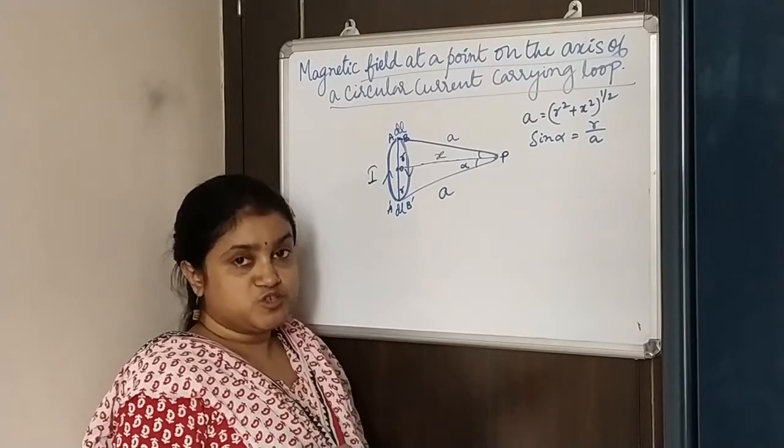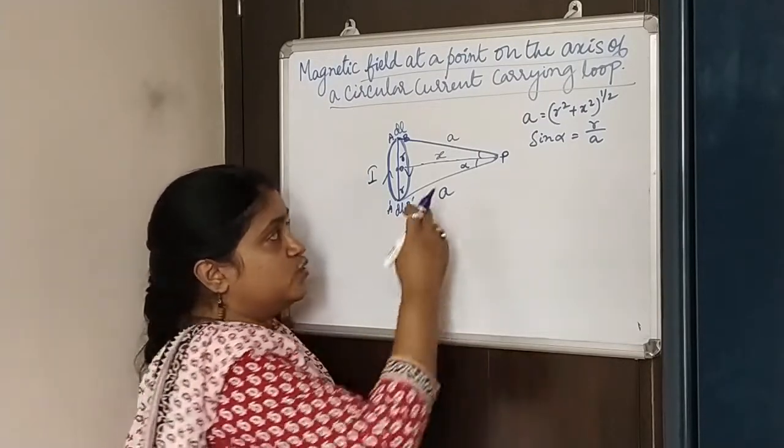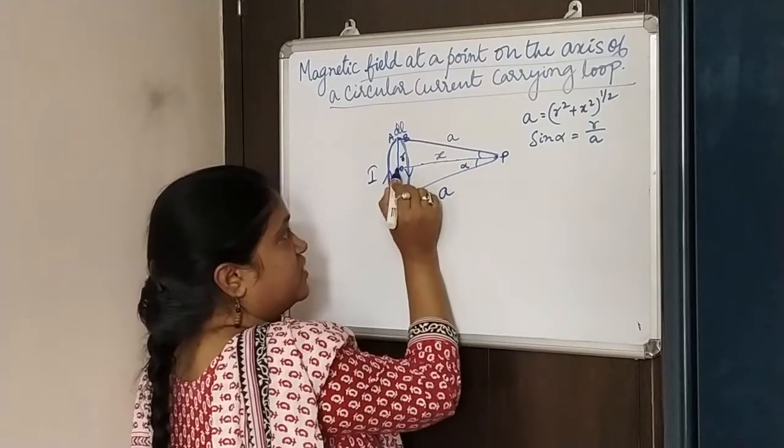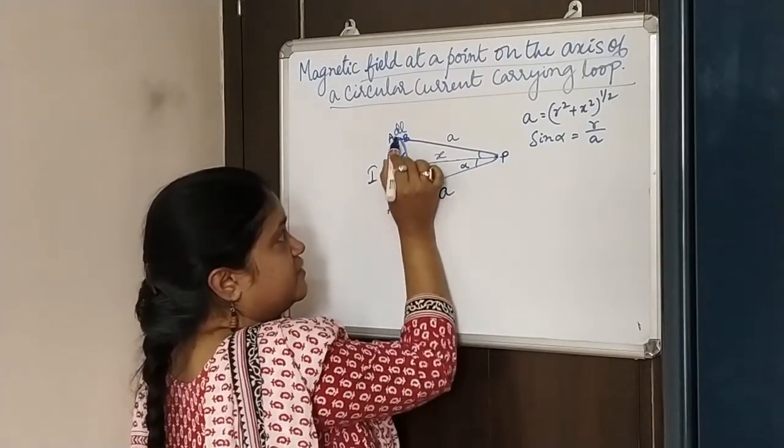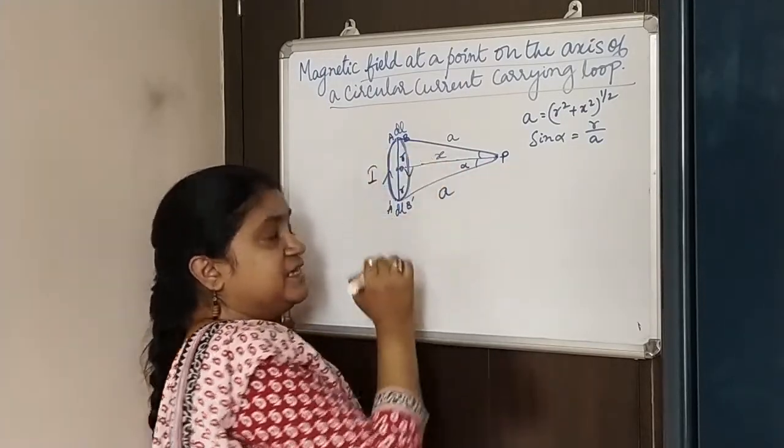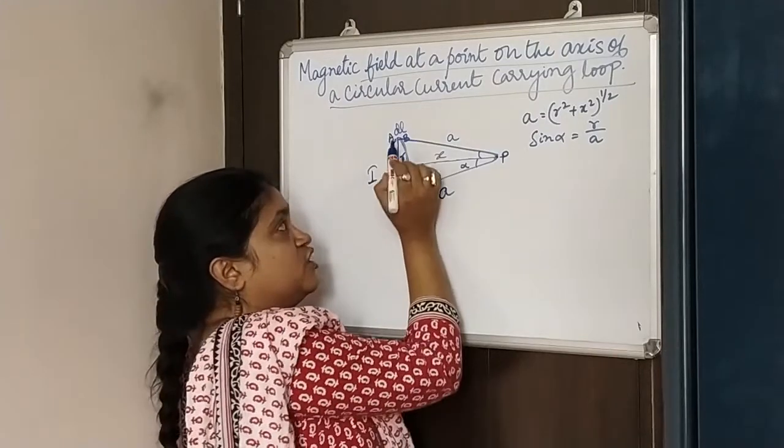So when we have these things, let's try to derive according to Laplace's law, or you can also say Biot-Savart's law. We know that at a point P there are two current elements here, so we will consider them separately.